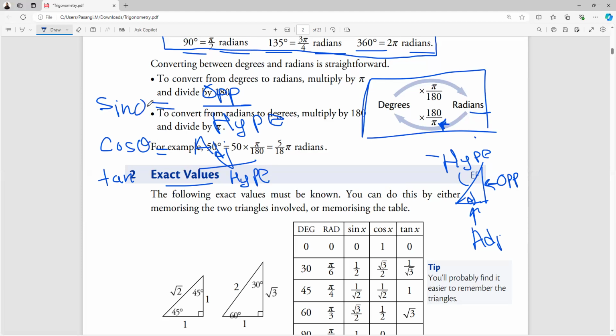Cos theta means adjacent divided by hypotenuse. And tan theta, according to this marked theta angle, is opposite divided by adjacent.